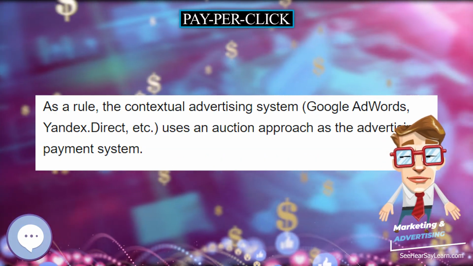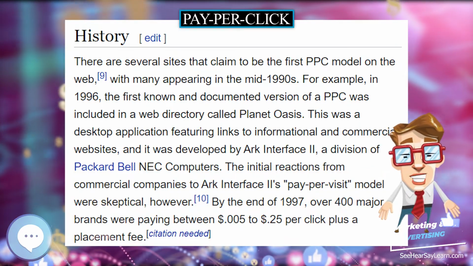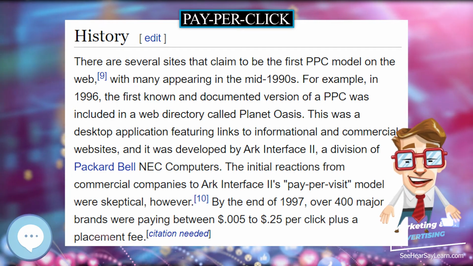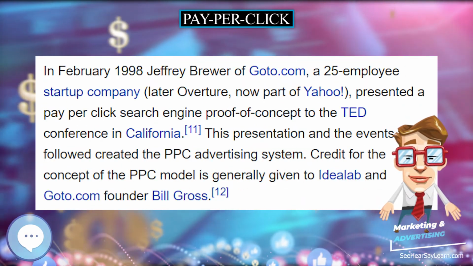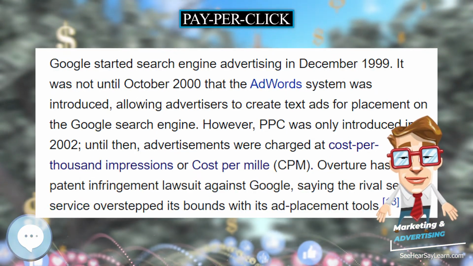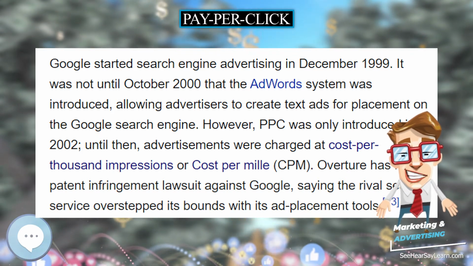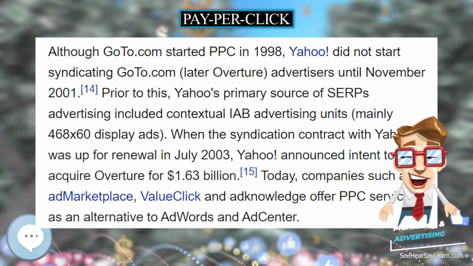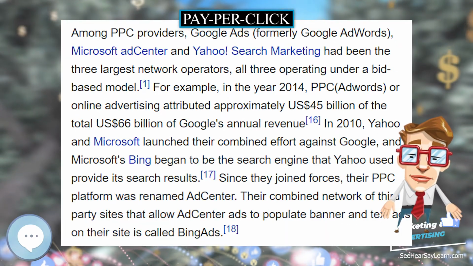Google started search engine advertising in December 1999. It was not until October 2000 that the AdWords system was introduced, allowing advertisers to create text ads for placement on the Google search engine. However, PPC was only introduced in 2002. Until then, advertisements were charged at cost per thousand impressions or cost per mille, CPM.